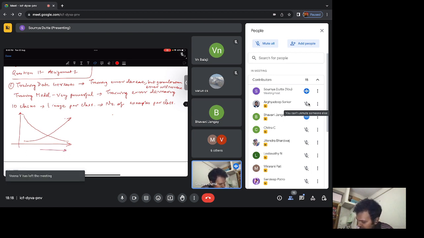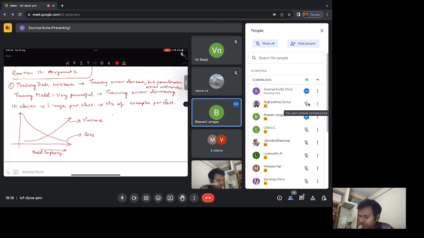This is the bias curve, and this is the variance curve, and this is the model complexity, right? Yes, sir. Now whatever you are saying is based on this particular curve, am I correct? No, sir, not with complexity.